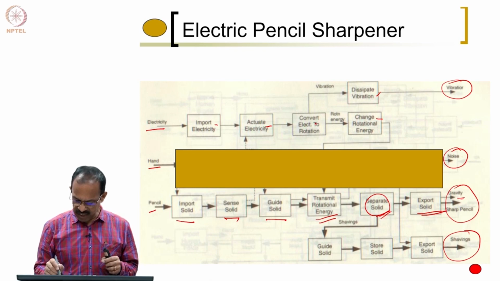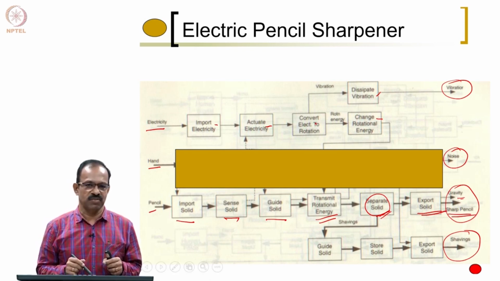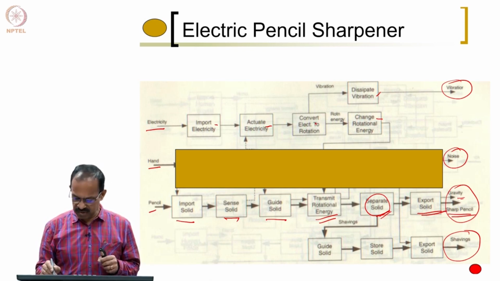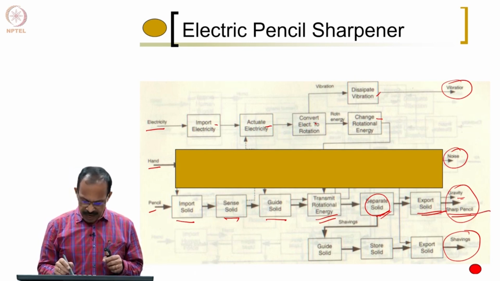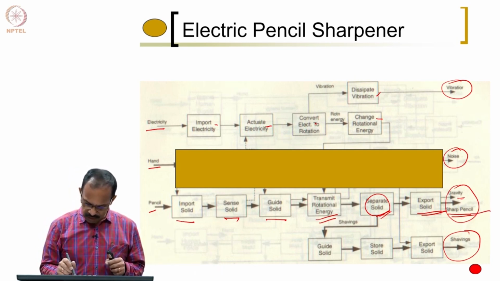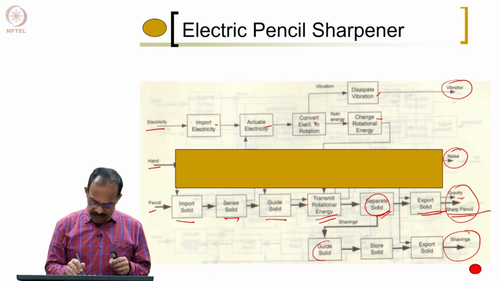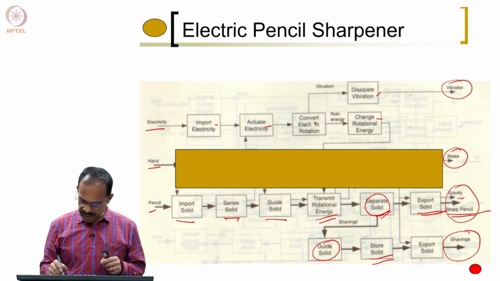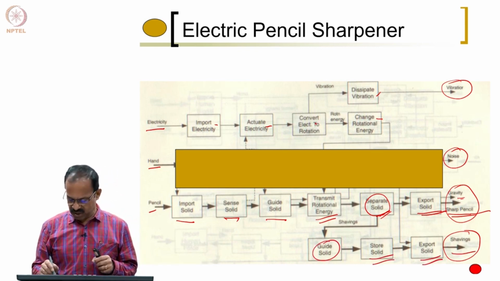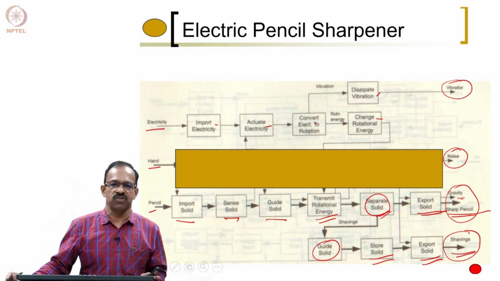Thus the pencil is exported after sharpening, and the shavings or dust coming out of the sharpener will be guided to be stored somewhere, and later exported or sent out as the shavings.